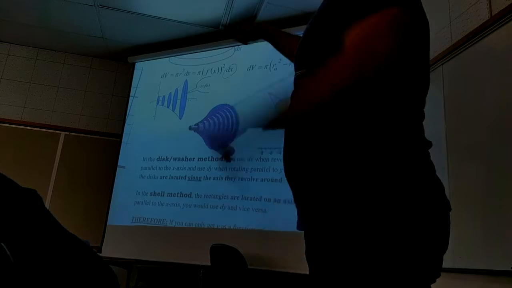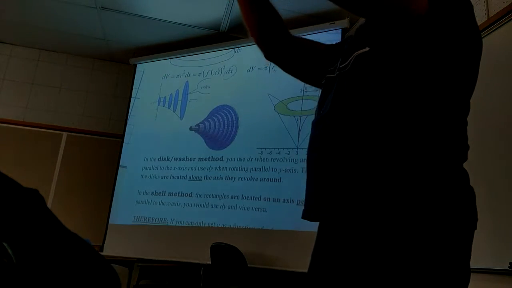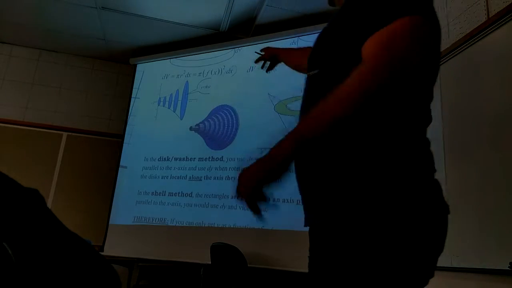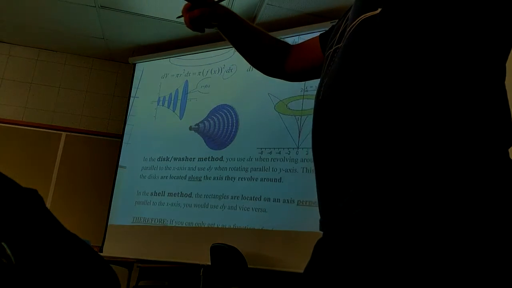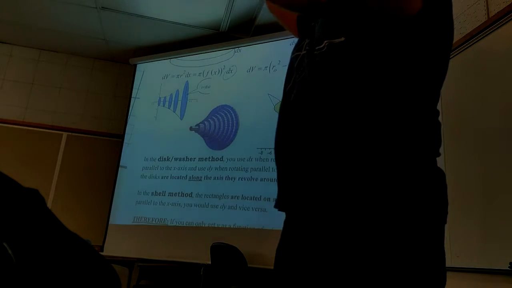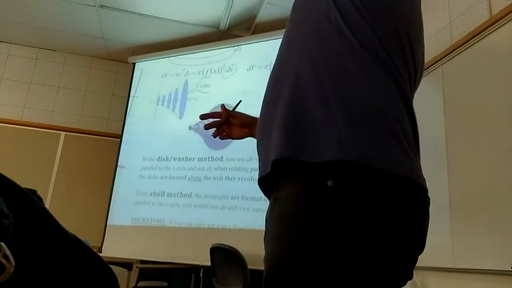For any value of x, there's a circle associated with it, right? So I have to find it by going along the x-axis. Therefore, it's got to be integral dx. I've got to move along the axis I'm rotating around. So if I'm rotating around the y-axis, then I will use washers or discs, and it has to be integral dy, because then I'm going to locate them going up and down.